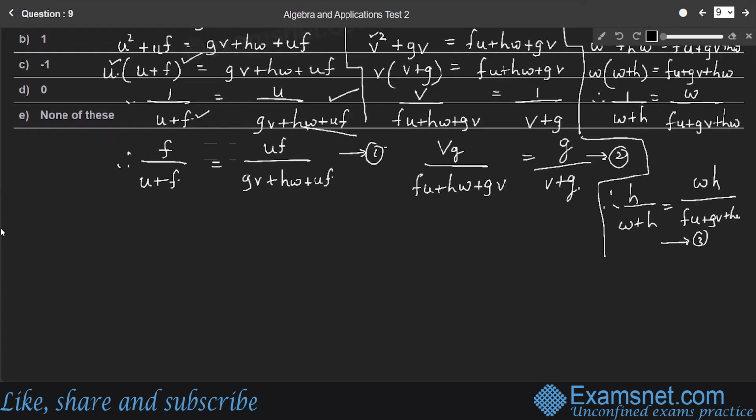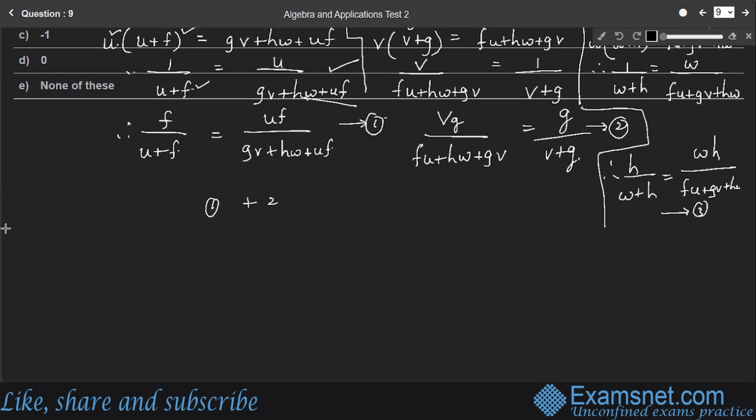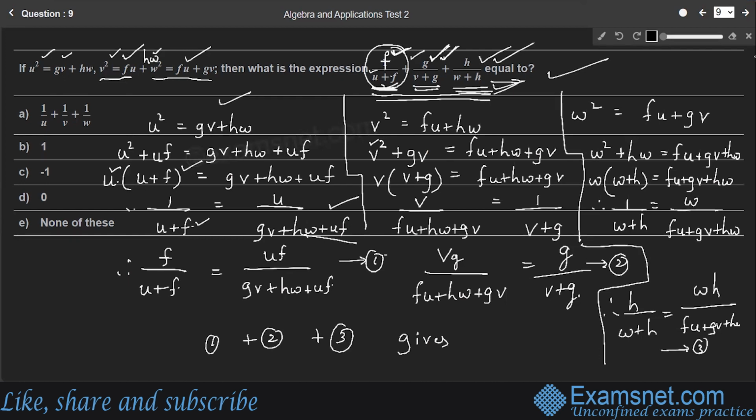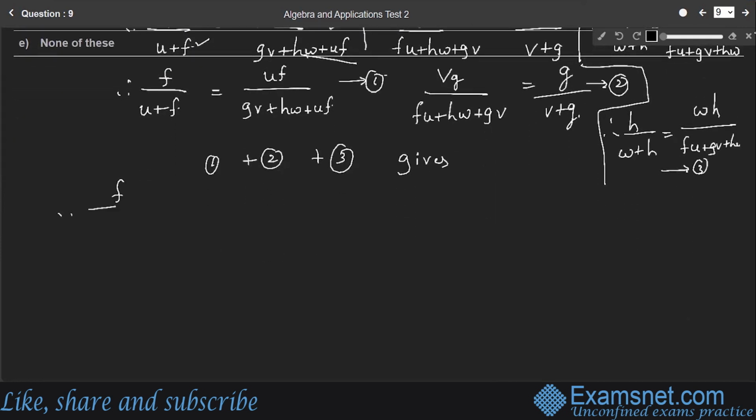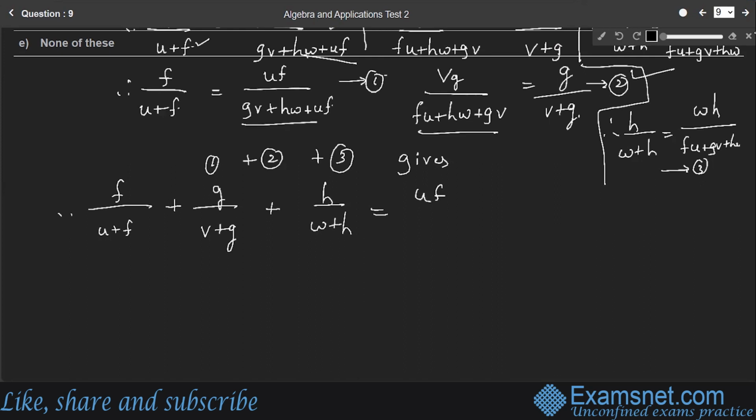So let us add the 3 equations. Equation 1 plus 2 plus 3 gives, since we are going to find the sum of these 3, f by u plus f, add all the LHS parts, g by v plus g plus h by w plus h is equal to, since the denominators are same, we are just adding all the numerators.